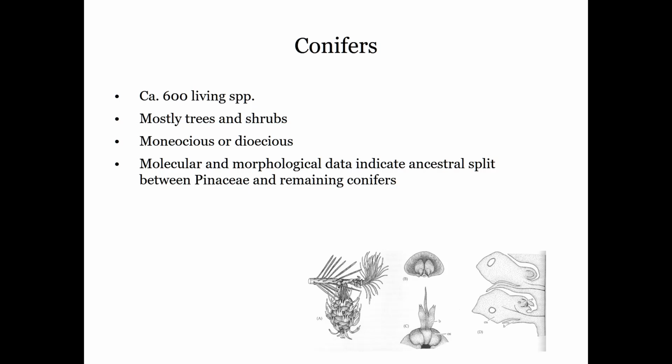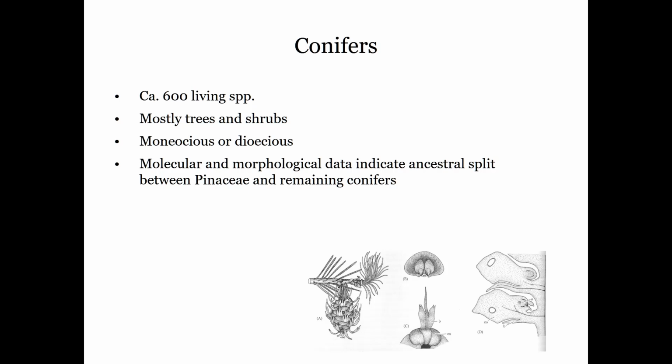There's only about 600 current living species of conifers. We'll talk about examples of some conifers later on when we deal with families of plants that are conifers. But there's not very many of those. There's only around 600 species currently. Most of these conifers are trees and shrubs. They may be monoecious or dioecious, but they're not usually, and maybe not even ever, hermaphroditic.